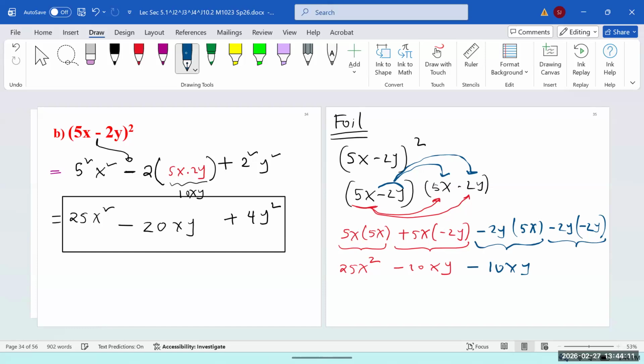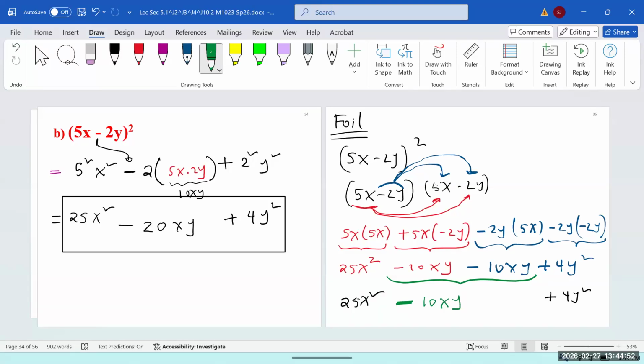And lastly, positive 4y squared. Positive 25x squared, positive 4y squared. And in the middle, we have negative 10xy, negative 10xy. If you have the same sign, you keep the sign, but you add the numbers. So 20xy.